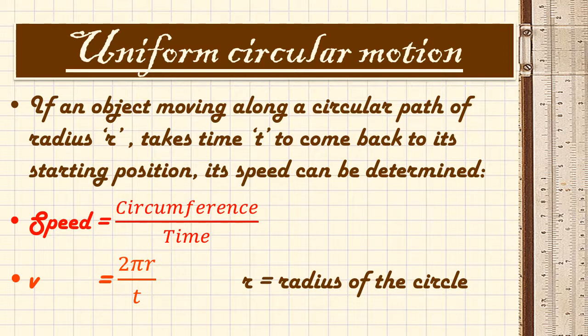So our formula becomes v equals 2 pi r upon t, where r is the radius of the circle and the value of pi is constant, 3.14. The value of t depends upon how much time it takes to come back to its starting position.